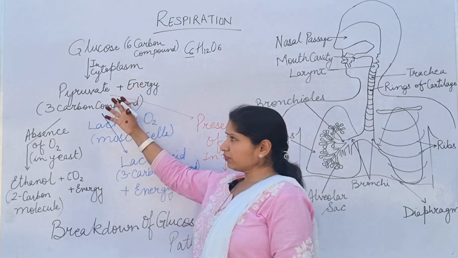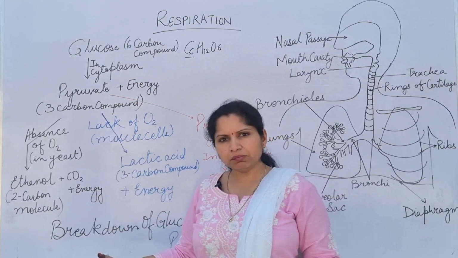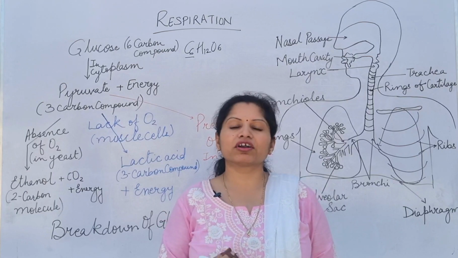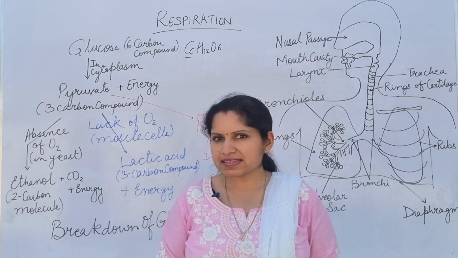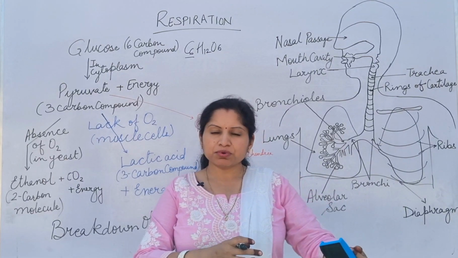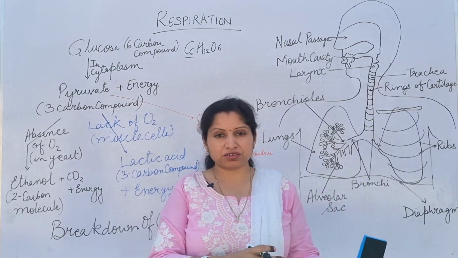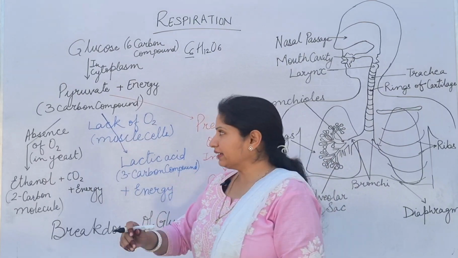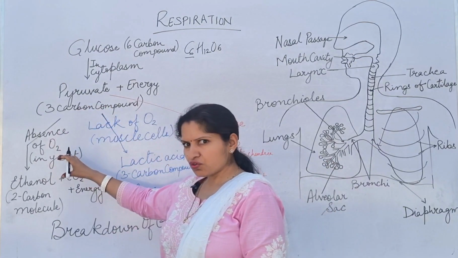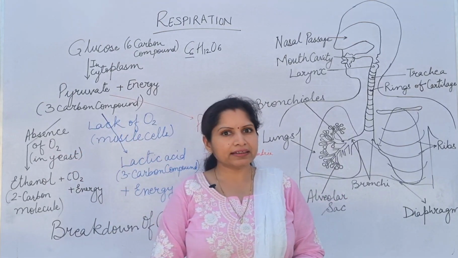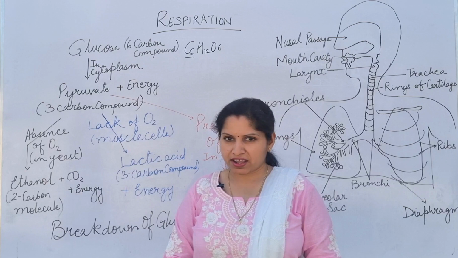Now, this pyruvate could be further broken down into different compounds depending on the type of organism. If that organism is an anaerobic organism, meaning it performs anaerobic respiration, respiration without using oxygen, then that pyruvate, in absence of oxygen, like in organisms such as yeast, will be converted to ethanol and carbon dioxide.